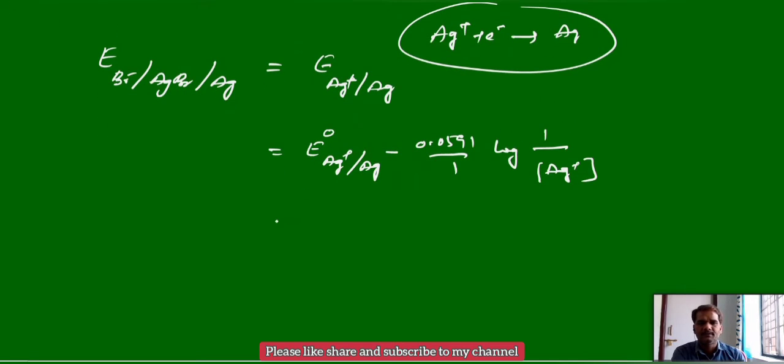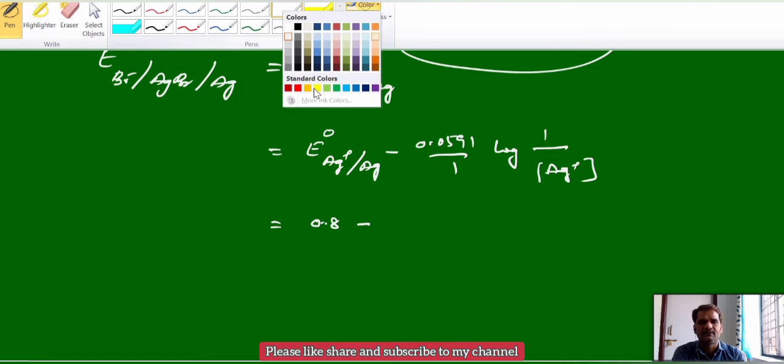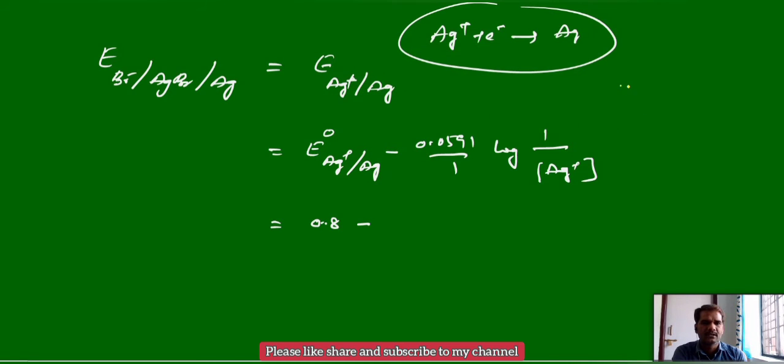And here what is the reduction potential? They gave 0.8 minus. What is the Ag plus concentration? We have to calculate this Ag plus concentration by using the solubility product values. We know that Ksp, solubility product of AgBr, is equals to concentration of Ag plus and concentration of Br minus.